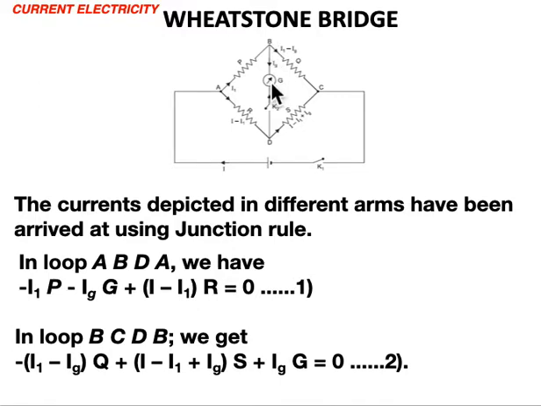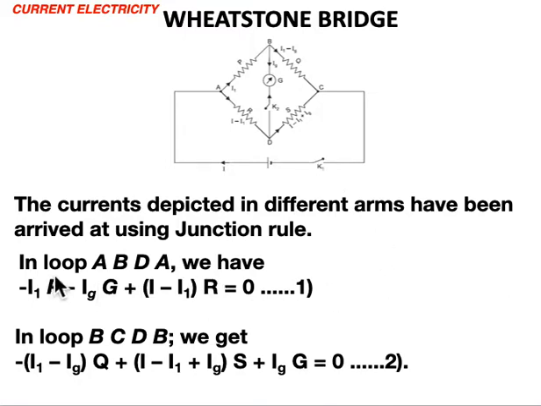A part goes through galvanometer Ig, g is subscript, and the remaining I1 minus Ig goes in this branch. Here the 2 currents again combine and you get back current I here. So, in order to get the currents in various branches, we make use of the junction rule.